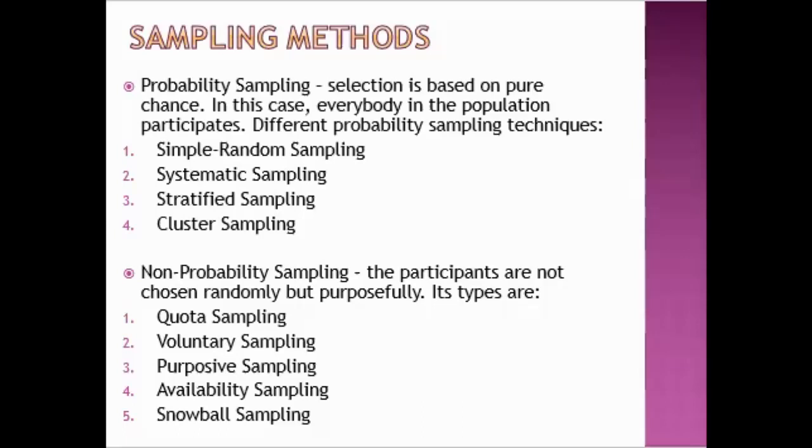Kasi pwedeng mag-post na sila researchers, kunyari sa isang group, na ito yung kanilang magiging survey, tapos meron doon mga qualifications ng mga pwedeng magsagot, and then kay participant na lang na decision kung gusto niyang sagutan yon.